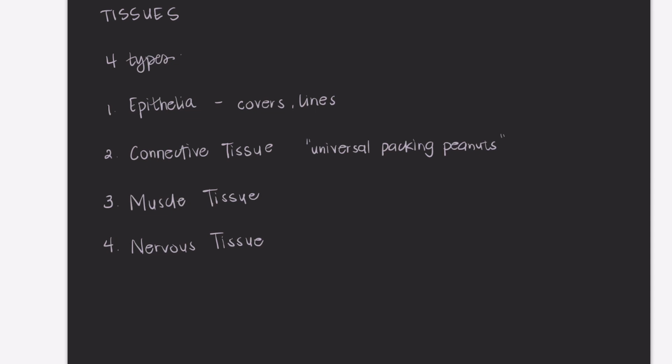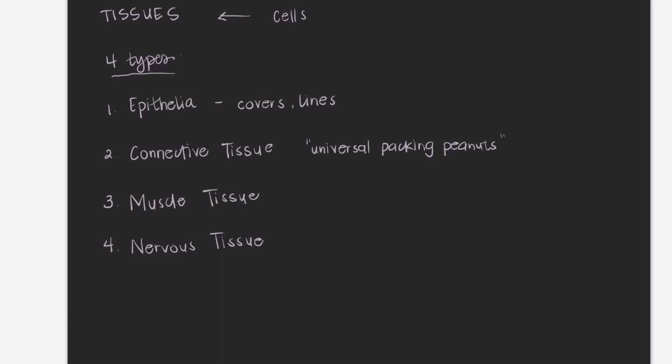So our tissues, again, are made up by a bunch of different cells of the same type. So epithelial tissue is all made up of epithelial cells. Connective tissue is all made up of connective tissue cells. Muscle tissue, muscle cells, nervous tissue, nervous cells.